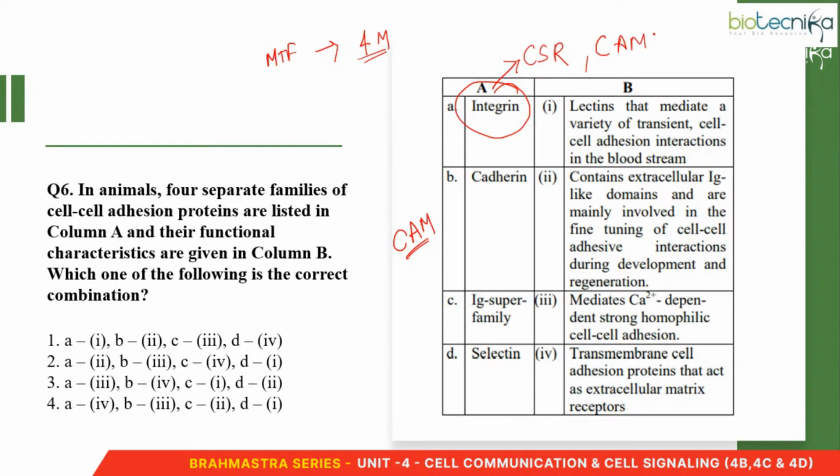Has to be remembered. Cadherin, the unique feature is that they are responsible for forming stable junctions. Then you have immunoglobulin superfamily, then you have selectins. Different functions. Immunoglobulin superfamily, as the name indicates, is related to antibody structures, the corresponding receptors and all.